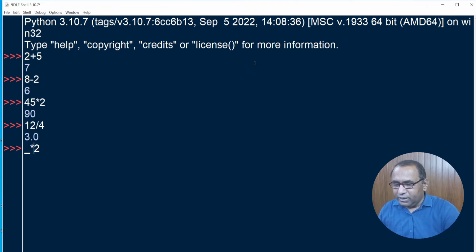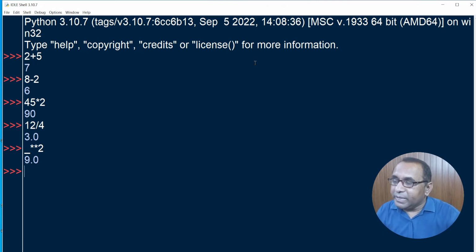For square or exponent we have to use the double asterisk sign. So the meaning of this statement is underscore squared, because underscore will consider the previous value. So the meaning of this last statement is 3 squared. When we press enter, it will return 9. 3 squared is 9.